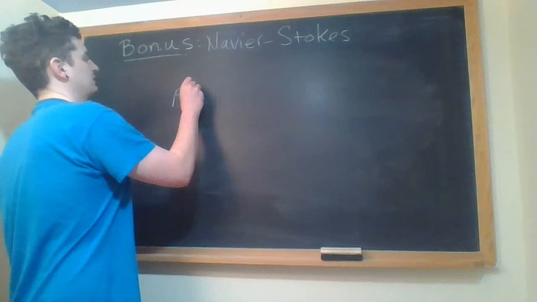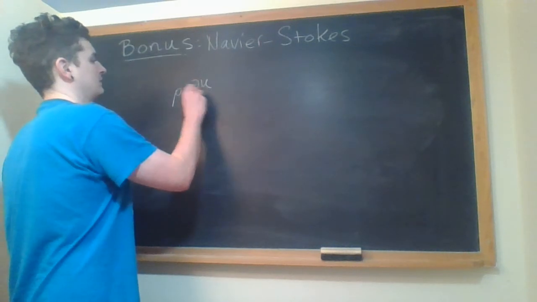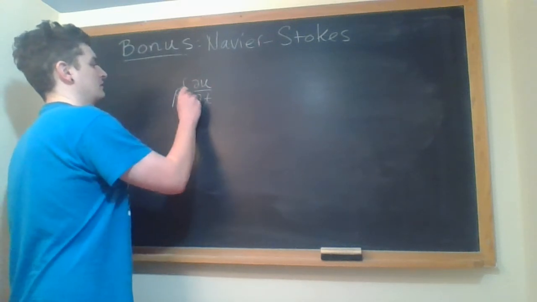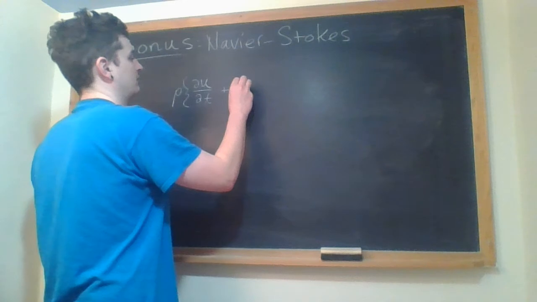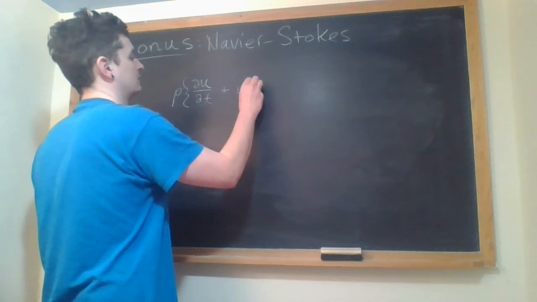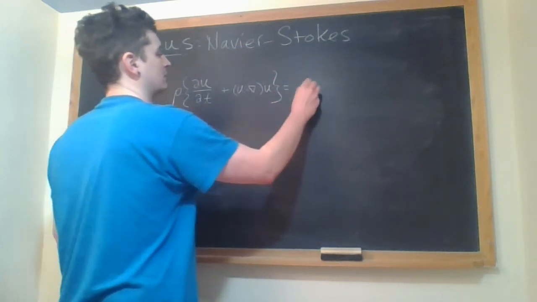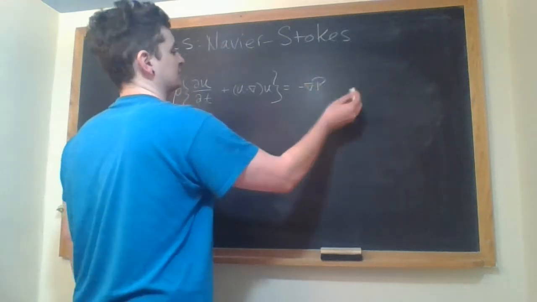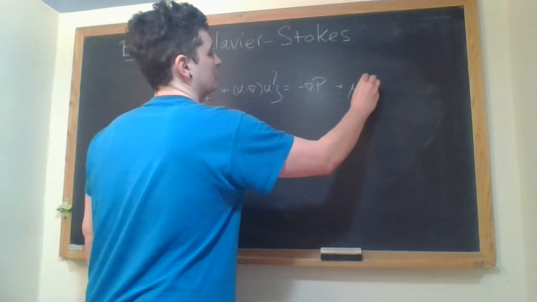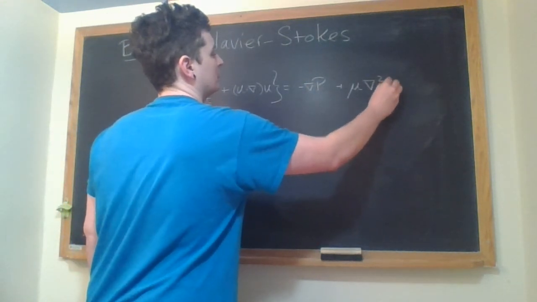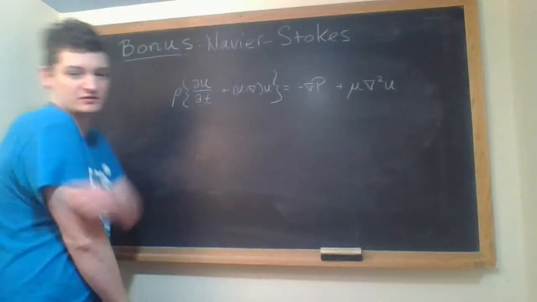So we write what we had before. The gradient of pressure and then the curvature of velocity.